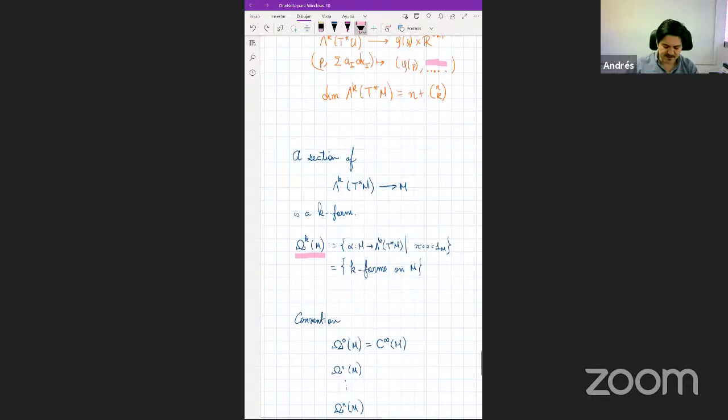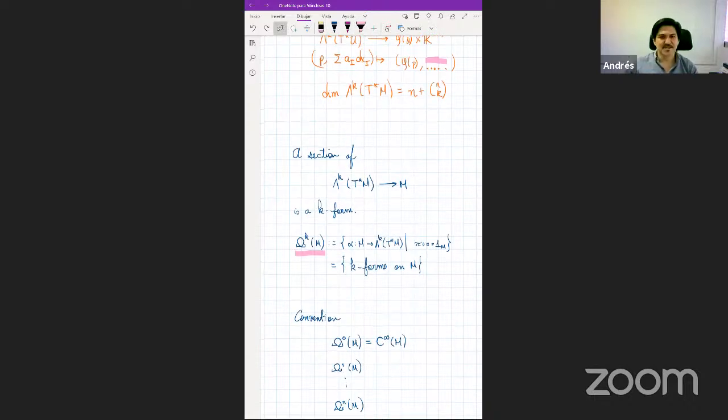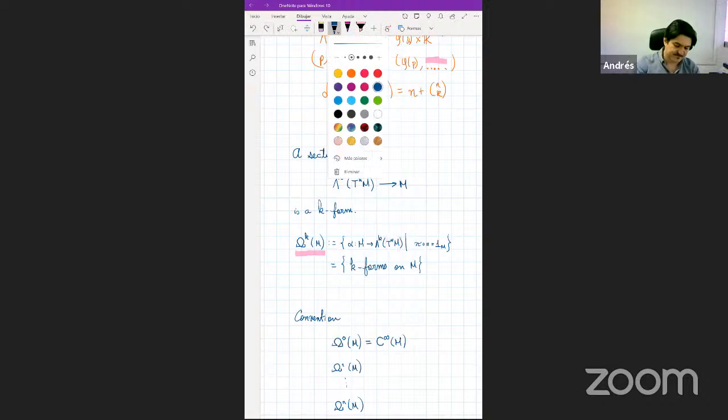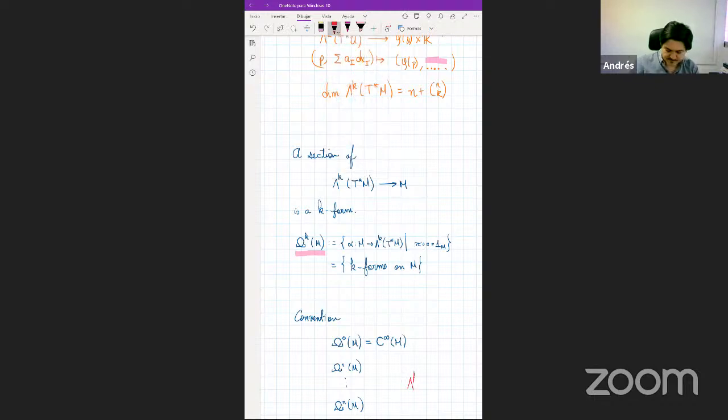And remember that this stops, right? It doesn't go to infinity, because this vector space vanishes when k is greater than the dimension of the vector space. So we go all the way up to n.